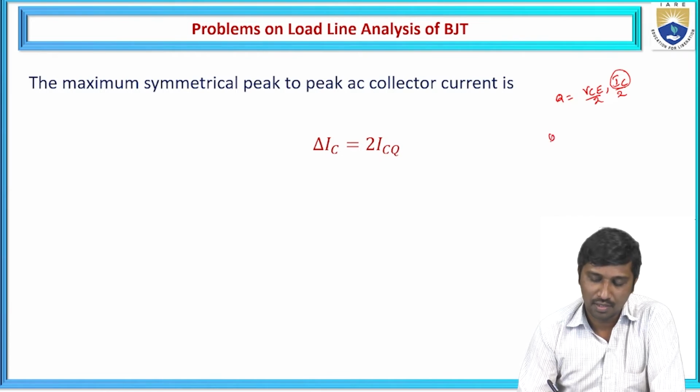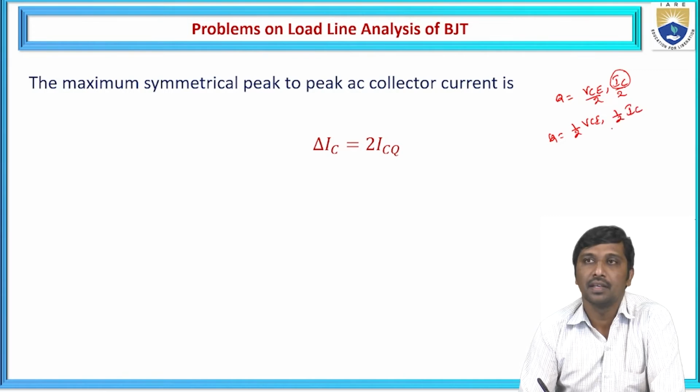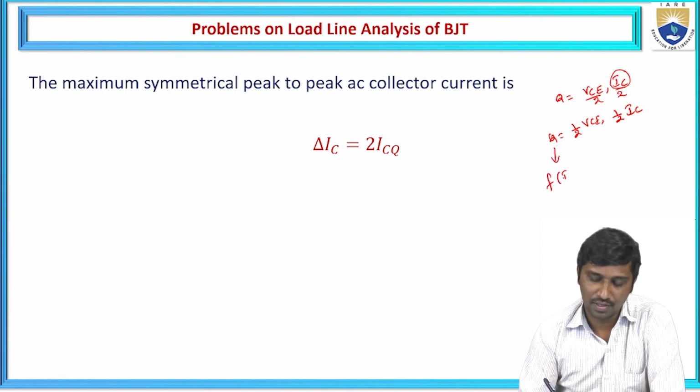Hence, it is 2 times your Q operating point, and in this case, the Q point is a function of the center of the DC load line. The DC load line contains the VCE parameter as well as the IC parameter. Hence, we take the center of the line, which indicates the Q point. This Q is a function of the IC and VCE parameters.